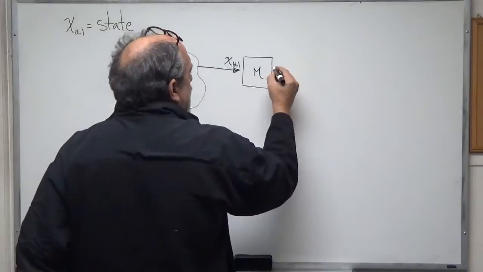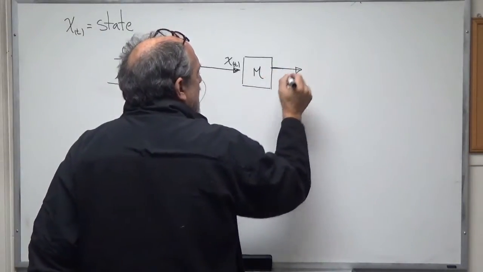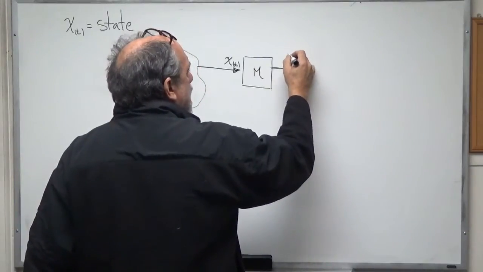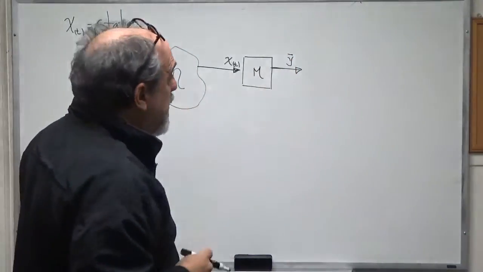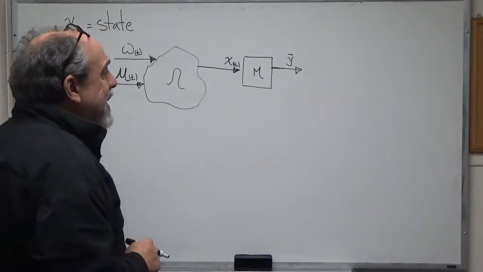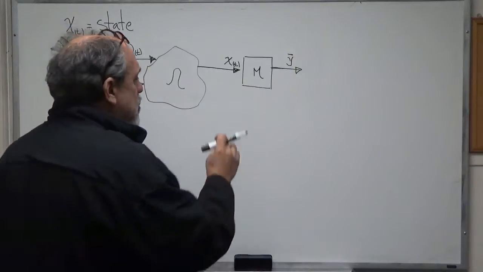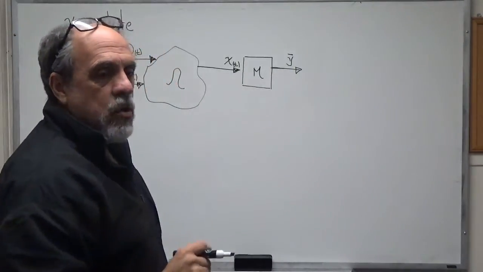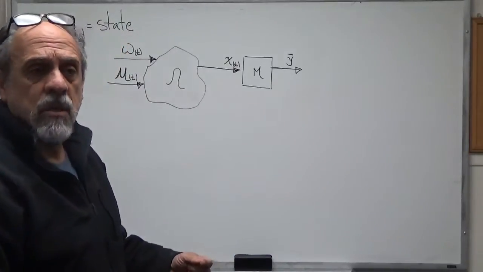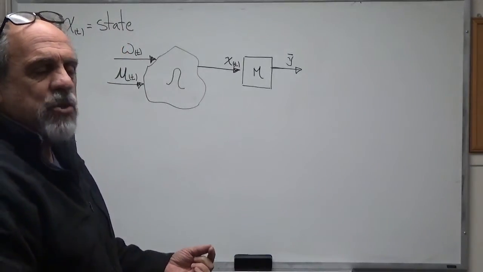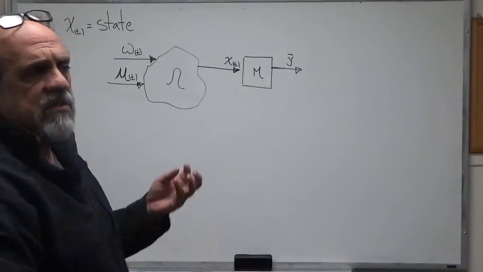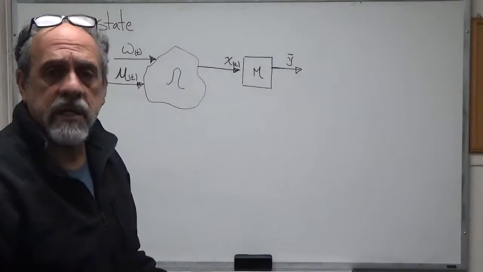Out of this measurement box, there is a Y, I'm going to call it Y bar, which is what I would be able to measure if I had a perfect sensor. But in reality, I don't have perfect sensors, because whenever you try to measure anything, you measure the thing plus noise. In fact, what we mean by measurement is that we create some device, the device gives some voltage, the voltage gets interpreted and so on.